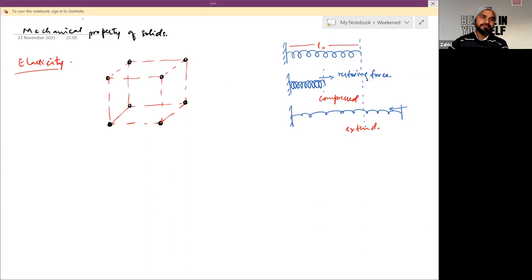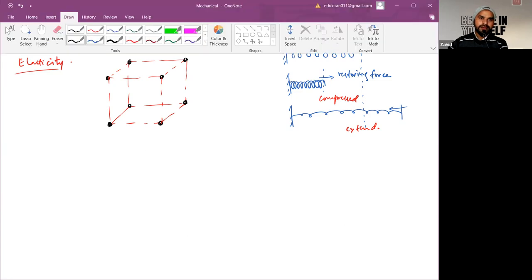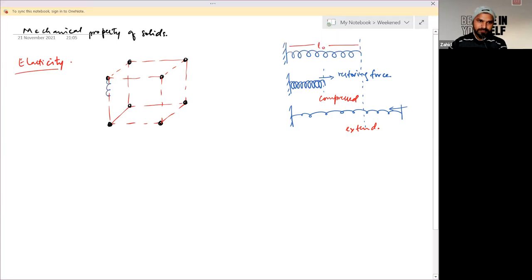These are some atoms, and they are held together by some bond which may have a spring-like property. That's why I'm drawing it like this.